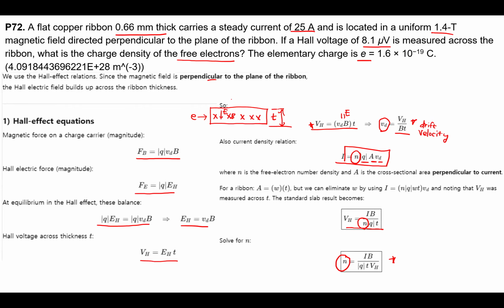So starting from the Hall effect equations, we derive the Hall voltage equations, and then from the Hall voltage equations, we come up with the drift velocity (Vd), and then this drift velocity is related with the current. Okay, and then from this we can find out the charge density n.